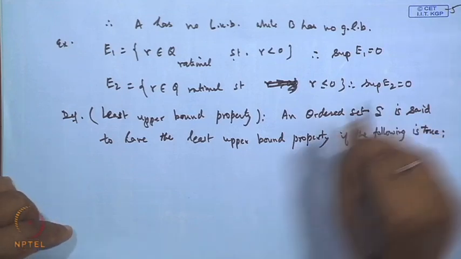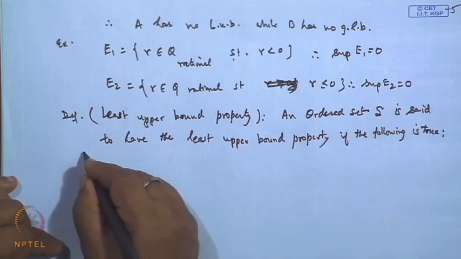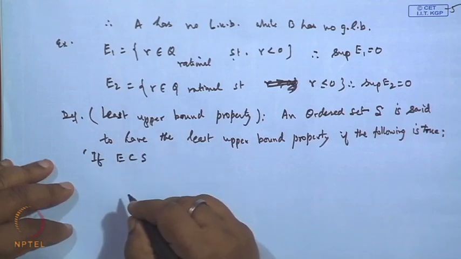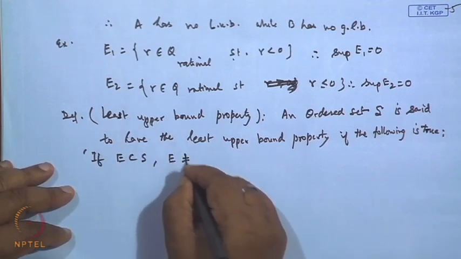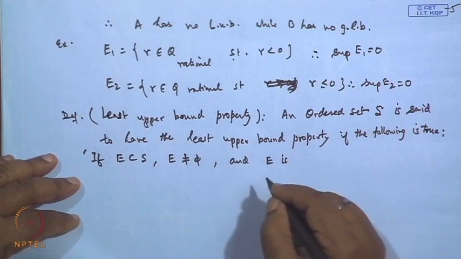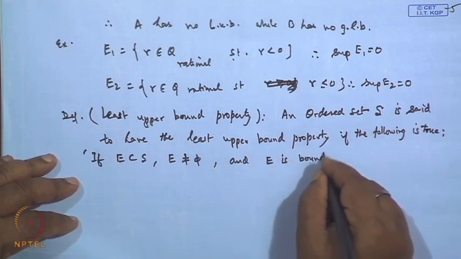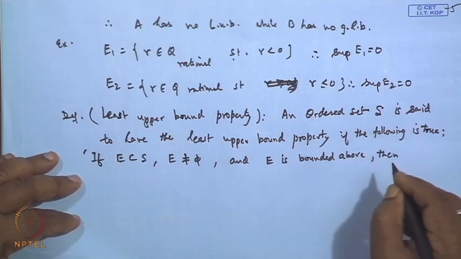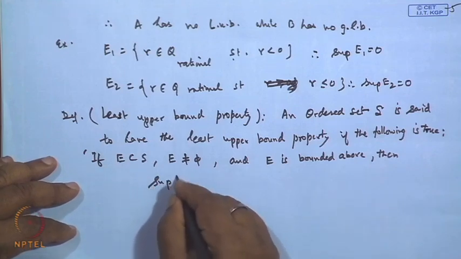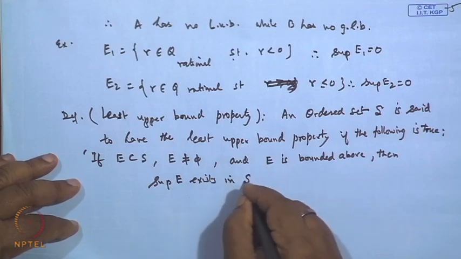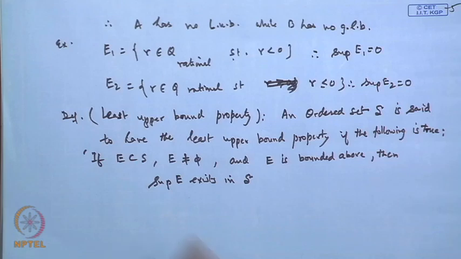If E is a non-empty subset of S, and E is bounded above, then the supremum of E, that is the least upper bound of E, will exist and exist in S. So, this is the least upper bound property of a set.